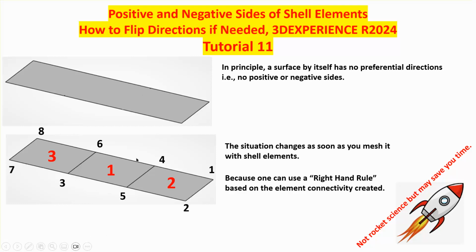You have defined a right-hand rule. You have defined a direction of the normal that you can visualize by curling your fingers, following that connectivity sequence of numbers, and your thumb points in the direction of the positive side of that shell element.